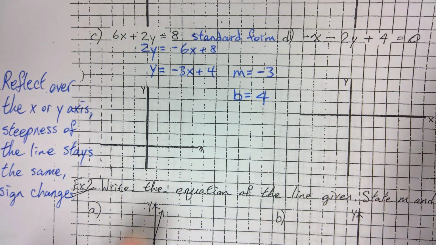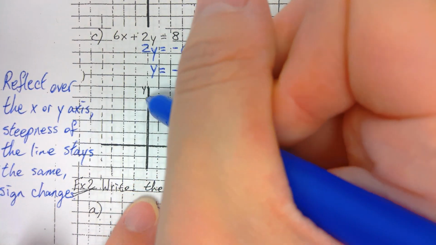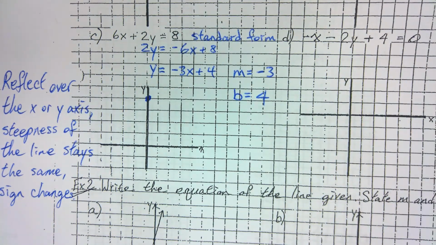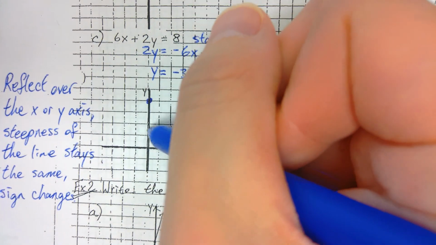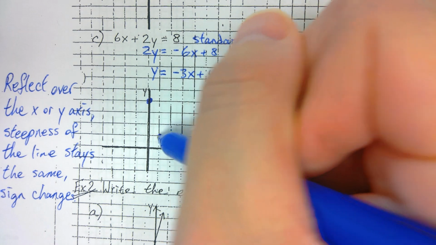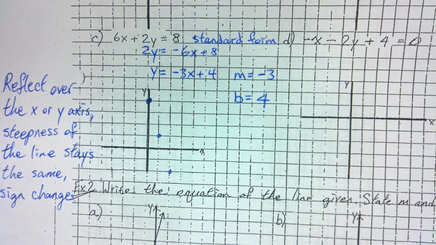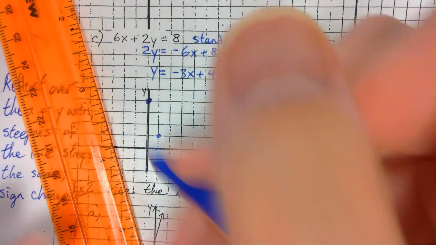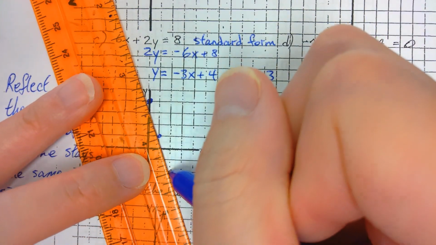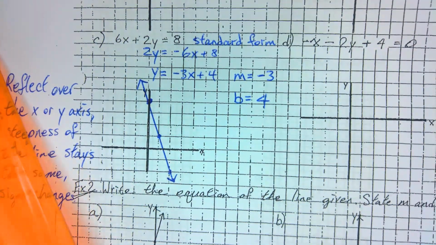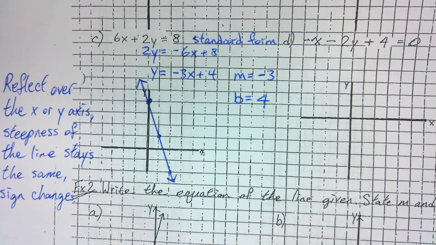It has to be in the correct format. So now I can plot that y-intercept at 4, and my slope is down 3 over 1. Down 3, 1, 2, 3 over 1. Right, and so there's my line. Okay. And like that.